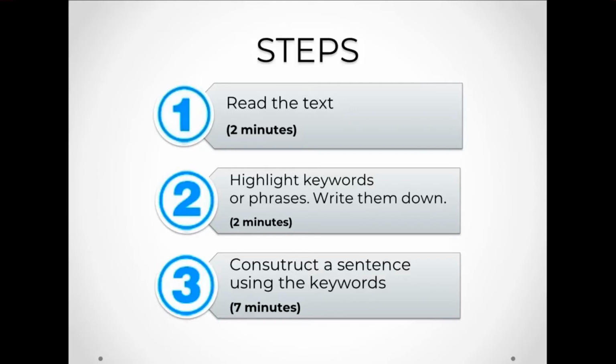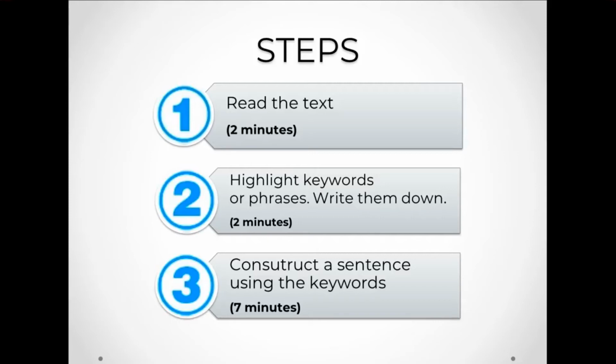You have 3 texts to choose from, and you would go through these 3 steps with that text. You will read. You would take 2 minutes to read. Then you're going to highlight the keywords. I don't know if you use a computer or if you want to write them down on a piece of paper, and if you have a pen or pencil, you can do that.